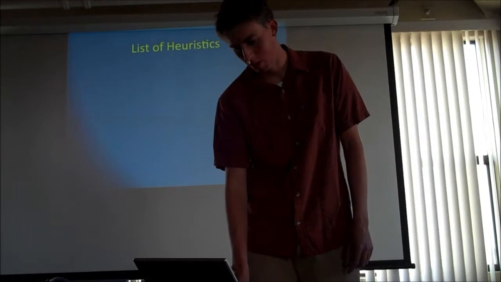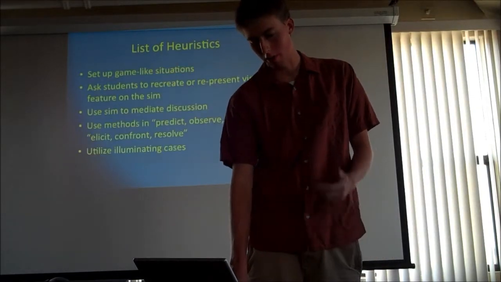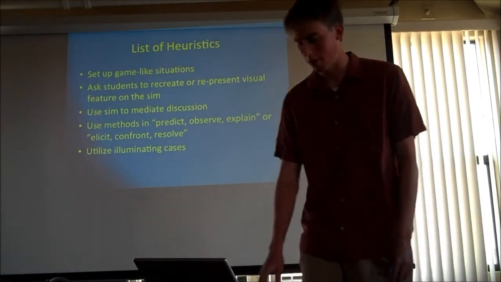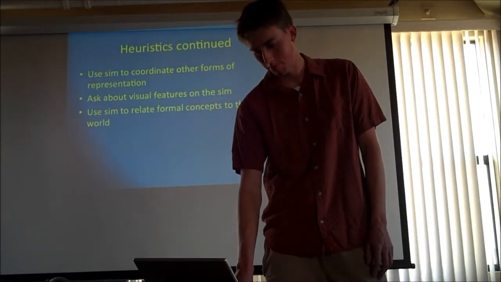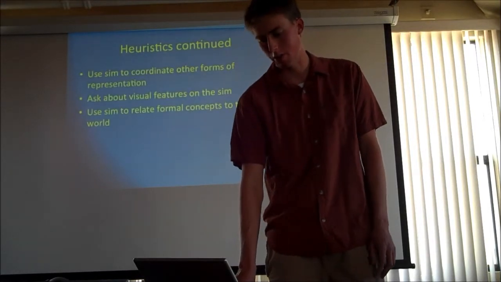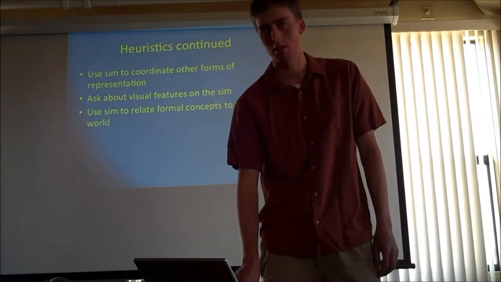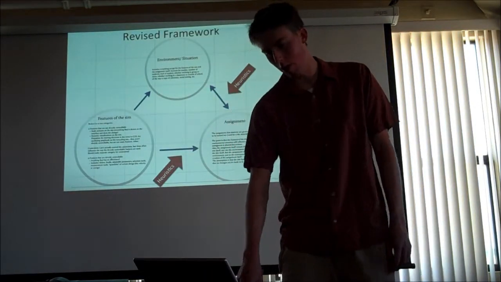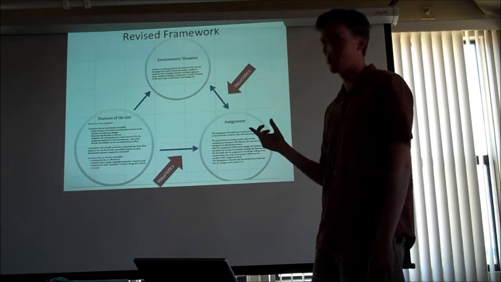So here's the more complete list of the heuristics that we've found so far, and I won't go through these, but basically there's more, and these are drawn from other assignments I've looked at. And the whole idea is that these heuristics really come into play as a piece of this framework.